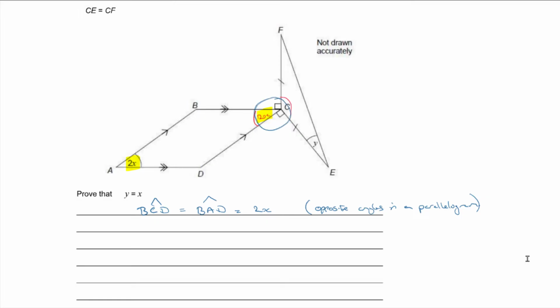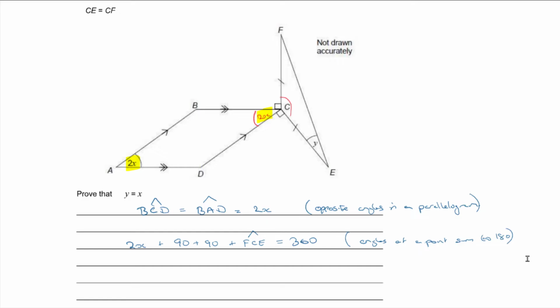So I can say that 2x plus the 90 degrees plus the 90 degrees plus my angle FCE equals 360, and that's because of angles at a point sum to 360.